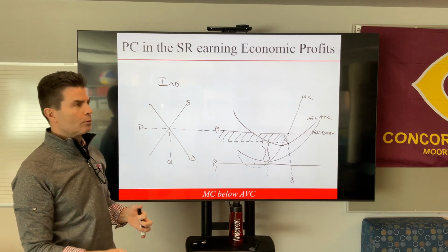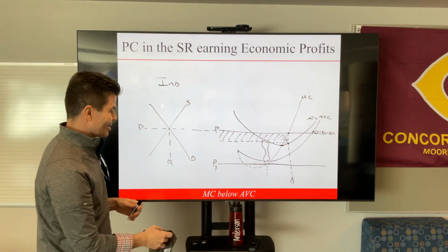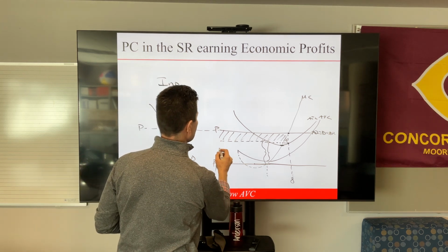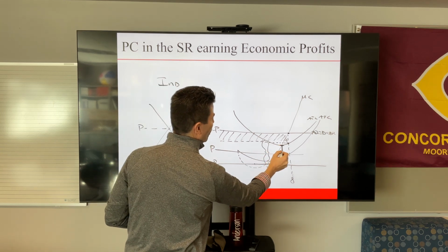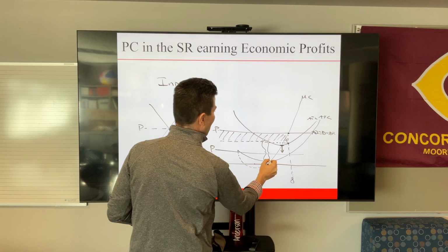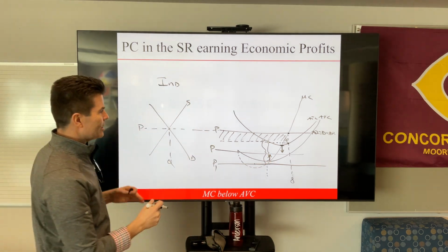So in the short run, if you earn profits, that looks like this, and if we have a loss, well then we would have to add in any price point below the minimum of your ATC and above the minimum of the AVC.